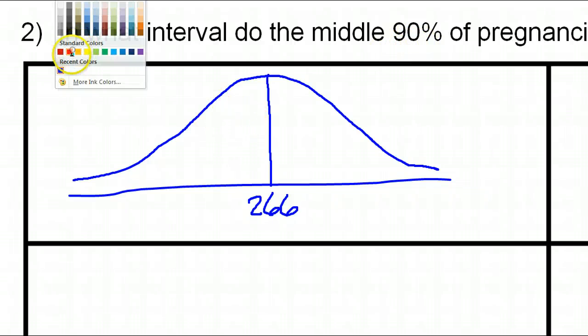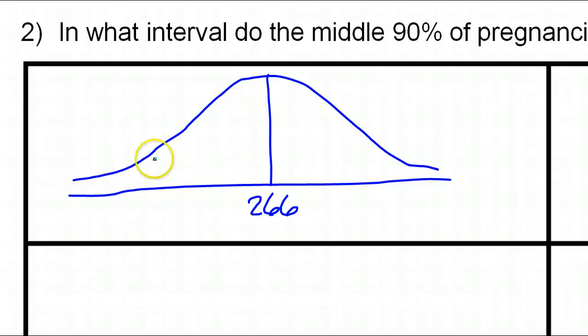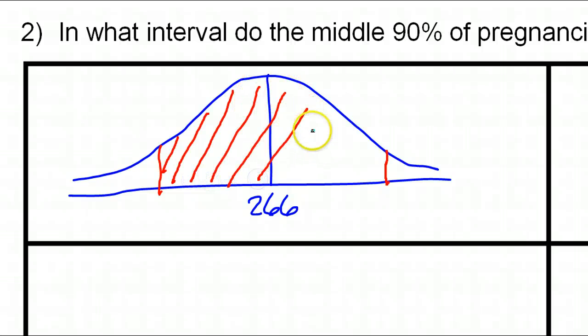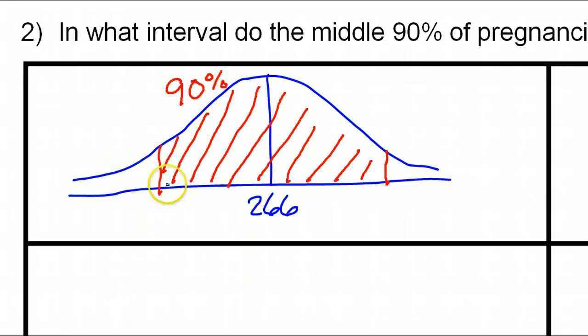So that means we're going to go the same amount to the left and the right. We want 90% of the data, so I'm going to make this pretty wide, something like this. Okay, and we want the middle 90%, so I'm going to shade in between these two lines. Okay, and this red I just shaded is supposed to be 90%. And we are looking for these two values.